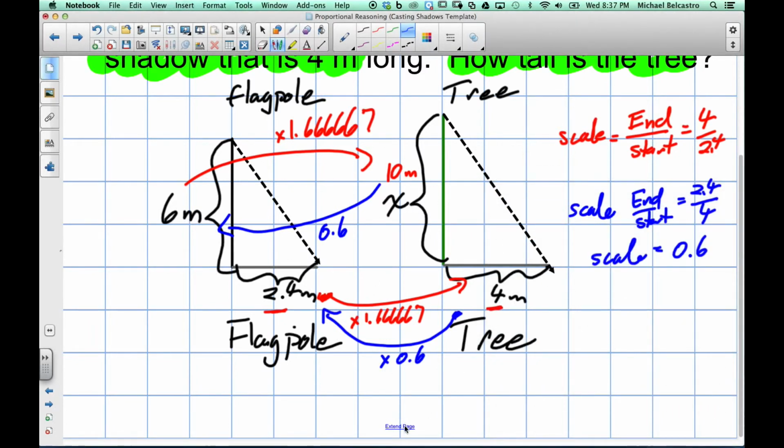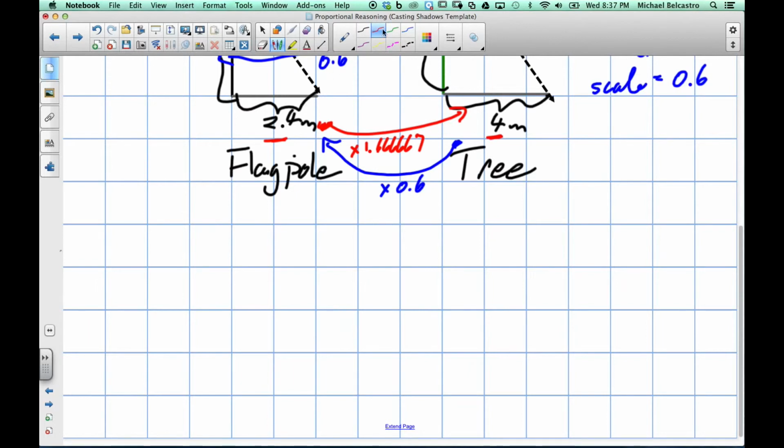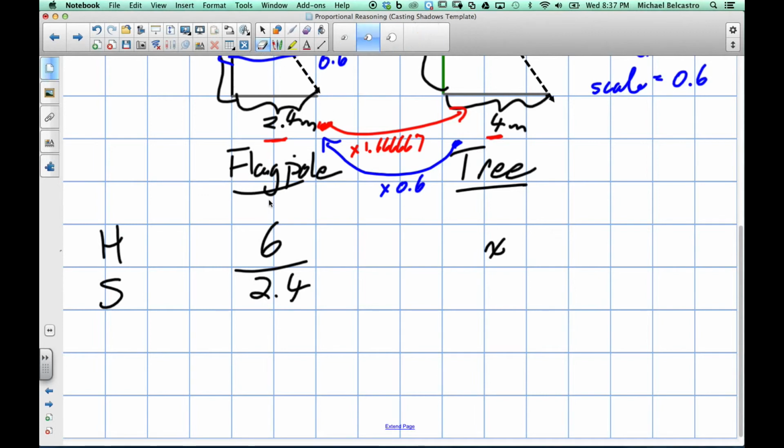If you found it hard to visualize, another quick way you could have set this up, so we had our flagpole category and our tree, and maybe we put our height and our shadow. The height of the flagpole was 6 and the shadow was 2.4. And the tree height was unknown, and the shadow of the tree was a value of 4.